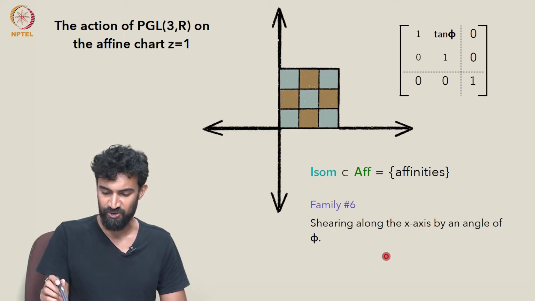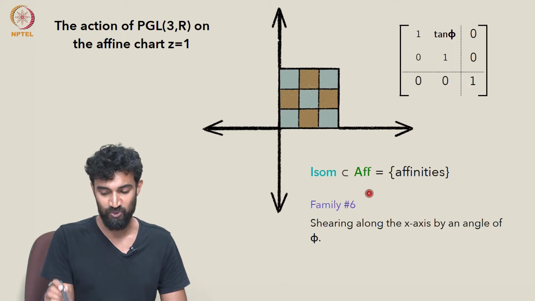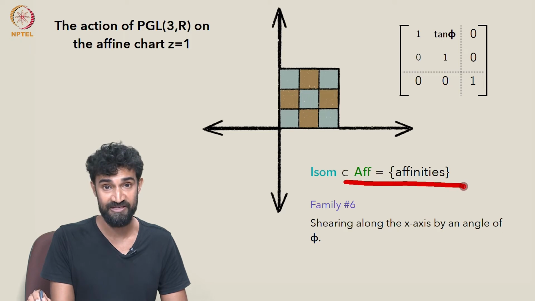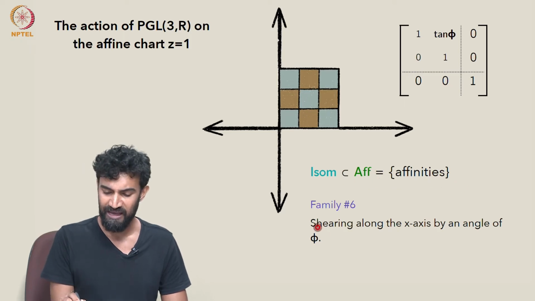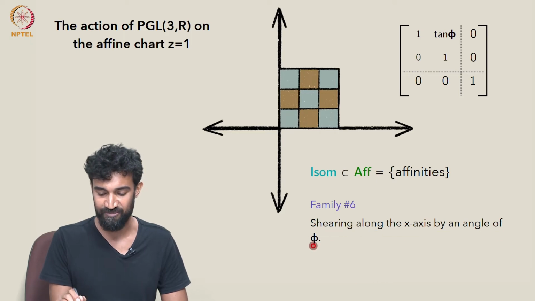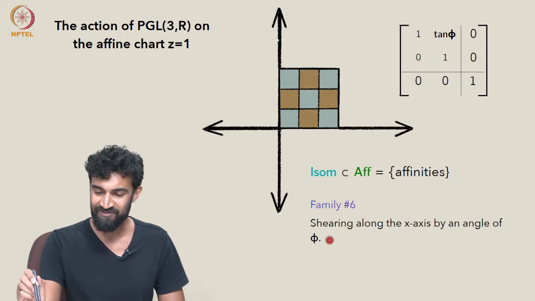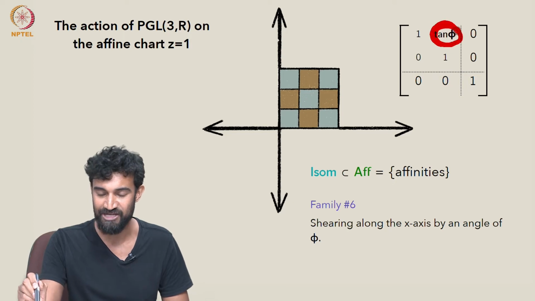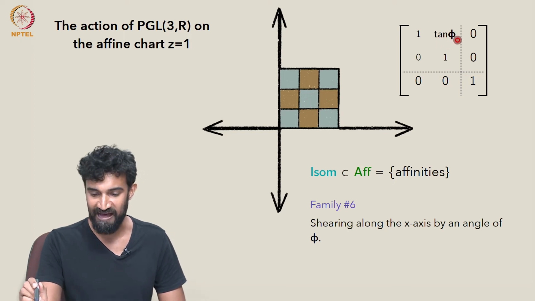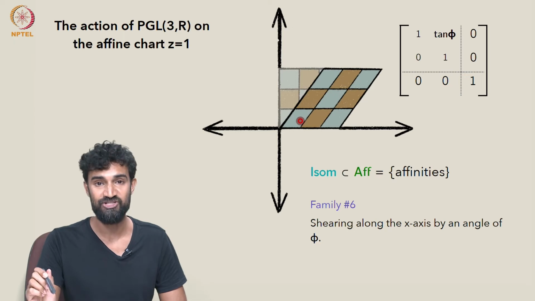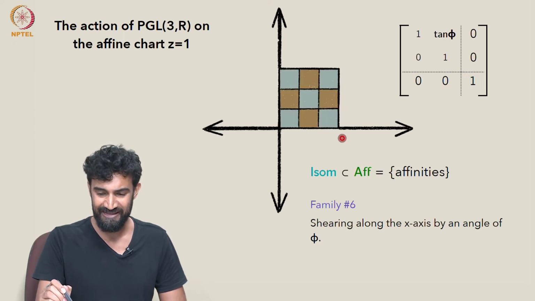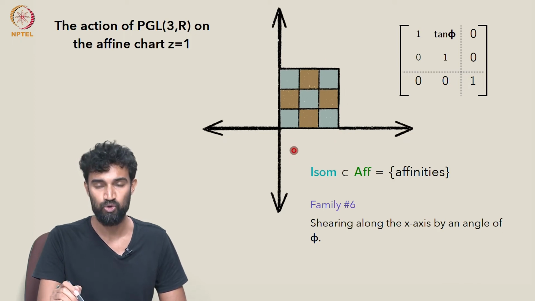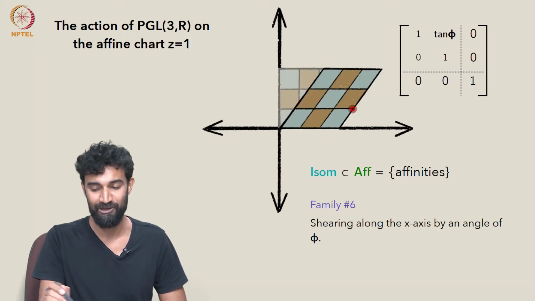So there's a 6th family, one more family of transformations in this affine group here, and that's the shearing transformation, shearing along the x-axis by an angle of phi. So this involves putting a parameter in this entry of the matrix, tan of phi, where phi is the angle I'm shearing at. So this is a little bit like stretching, but rather than taking the square to a rectangle, I'm taking it to a parallelogram.